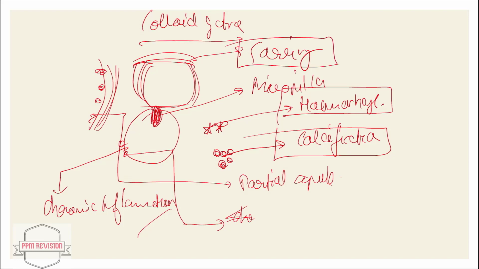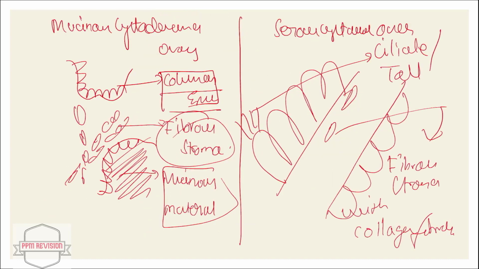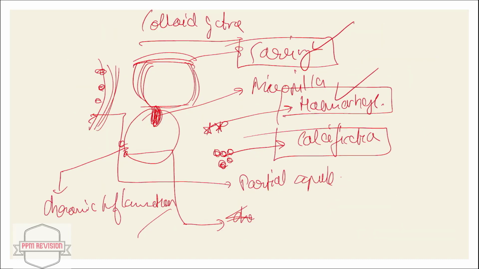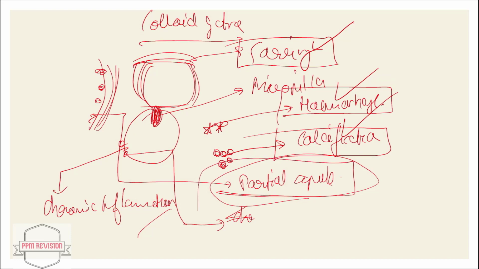Just highlighting: there is presence of scarring, hemorrhages, calcification, and a partial capsule. There are variable size follicles.